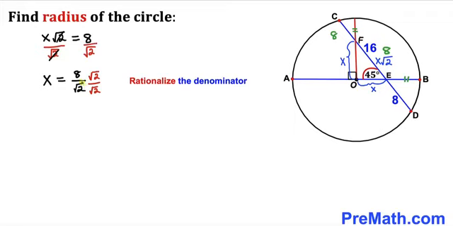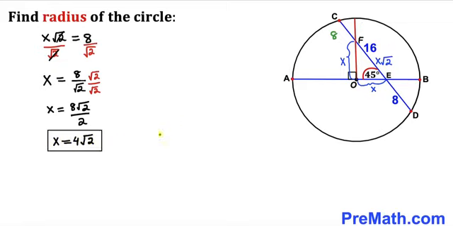And here at the denominator, square root of 2 times square root of 2 is going to become square root of 4, which is equal to 2. So therefore we got x equal to 8 times the square root of 2 divided by 2. That means x turns out to be 4 times the square root of 2. So thus this x value turns out to be 4 times the square root of 2.